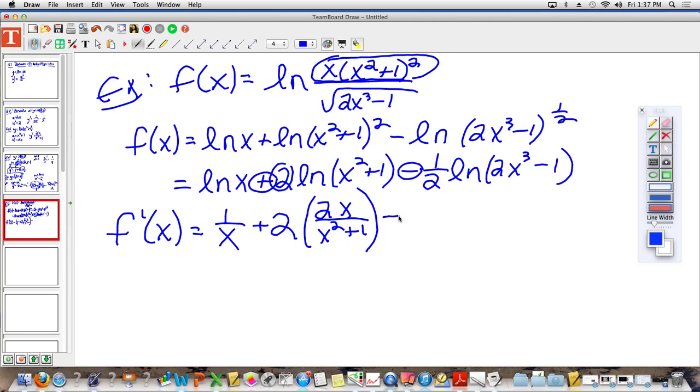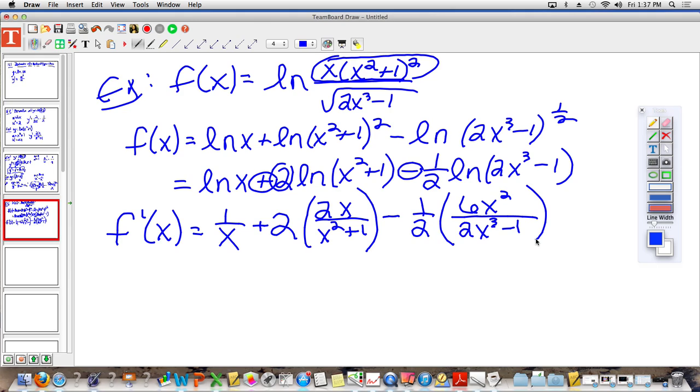Minus, got a half here, times, what goes on the top? 6x squared, all divided by 2x cubed minus 1.